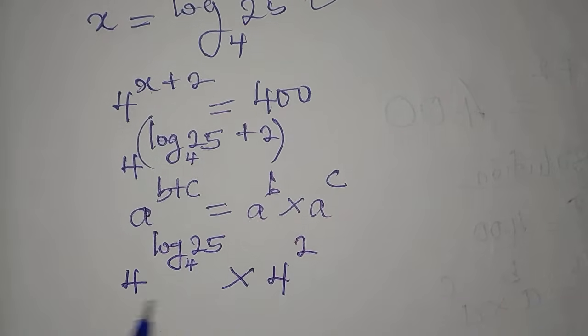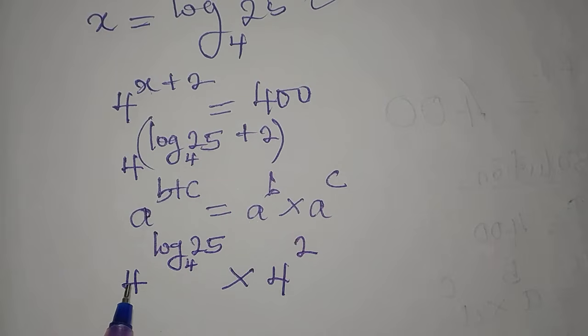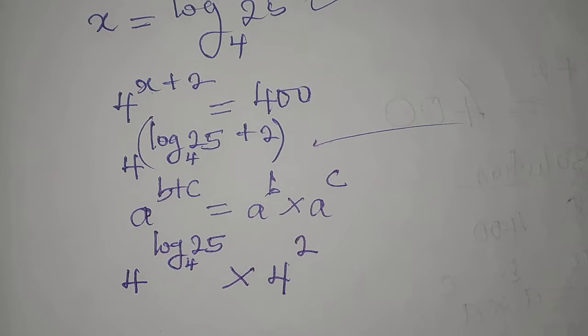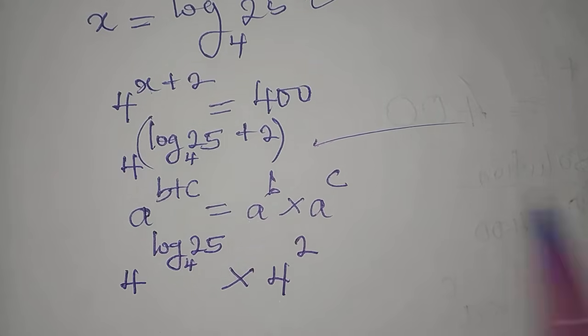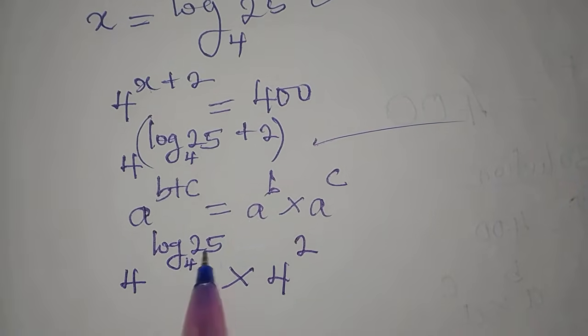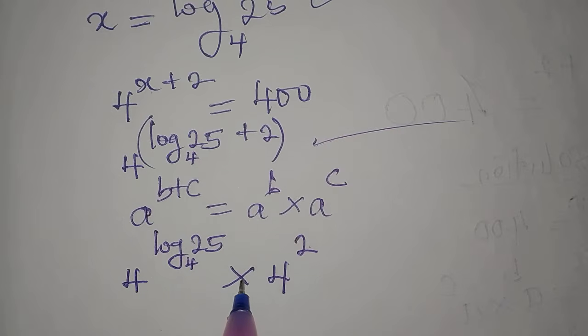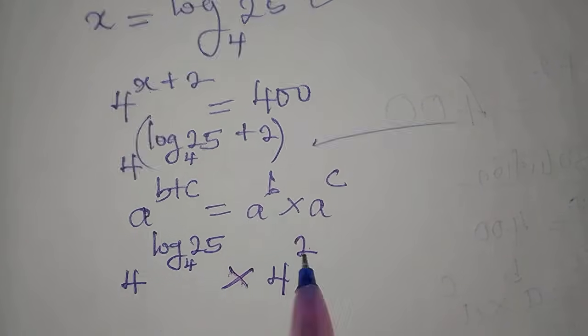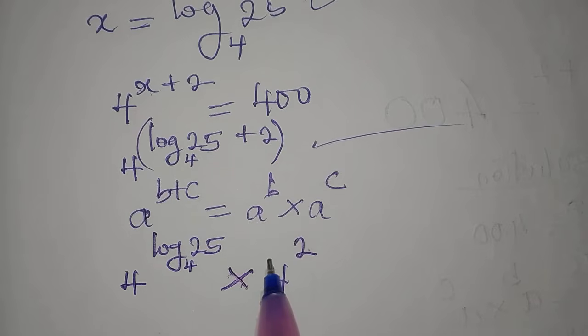So that if you pick one of the bases now, it will give you this back. Remember, according to one of the laws of indices, you can pick one of the bases and add the powers if it is multiplication. If it is division, you subtract the powers. This is simple.